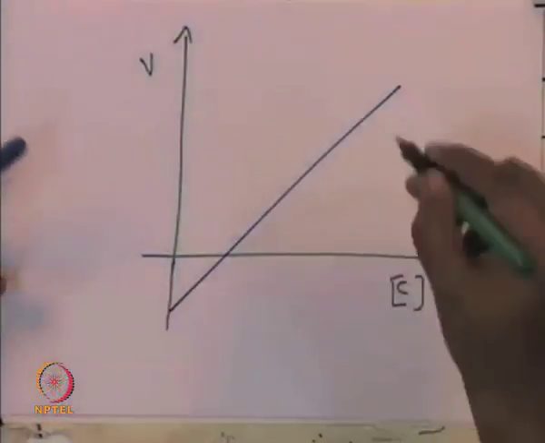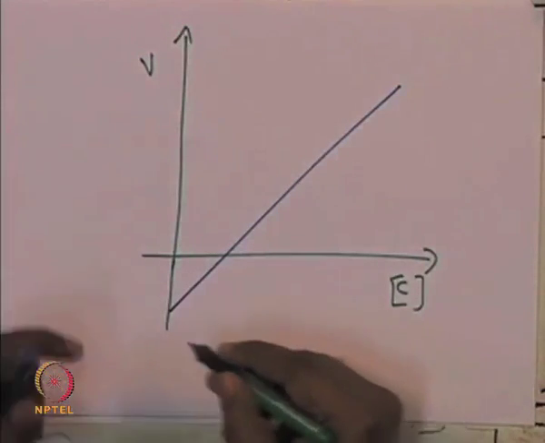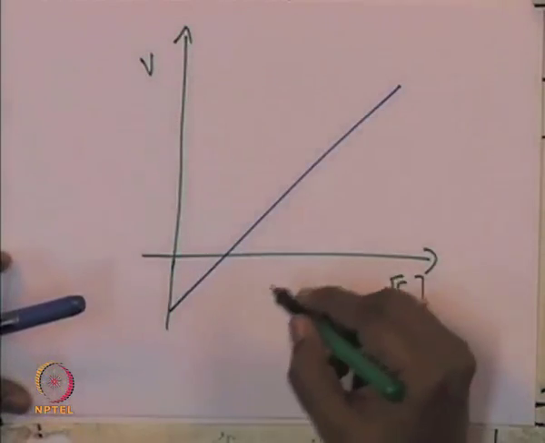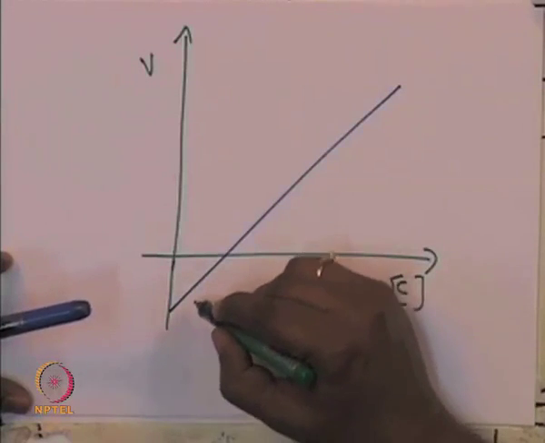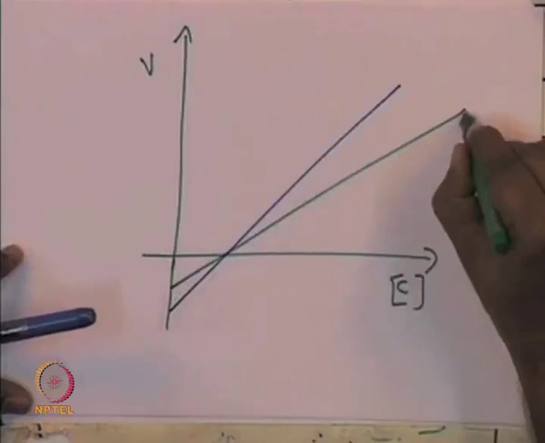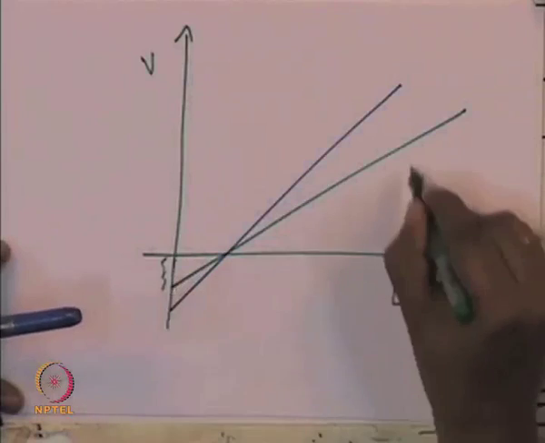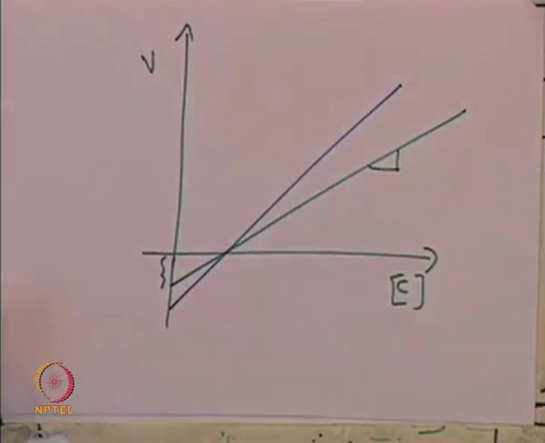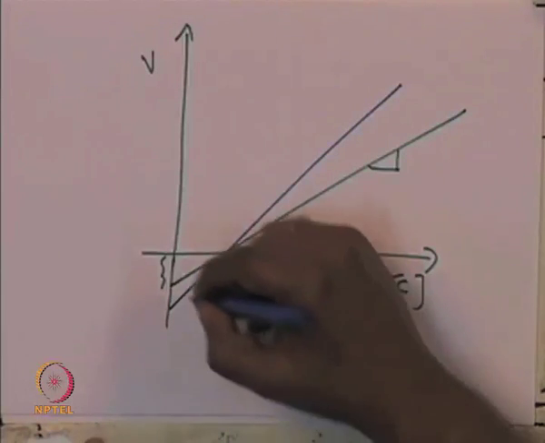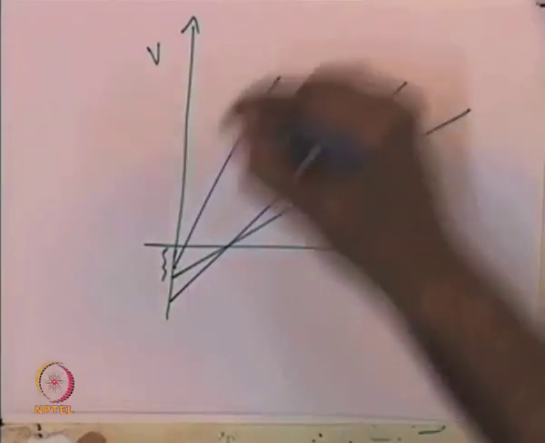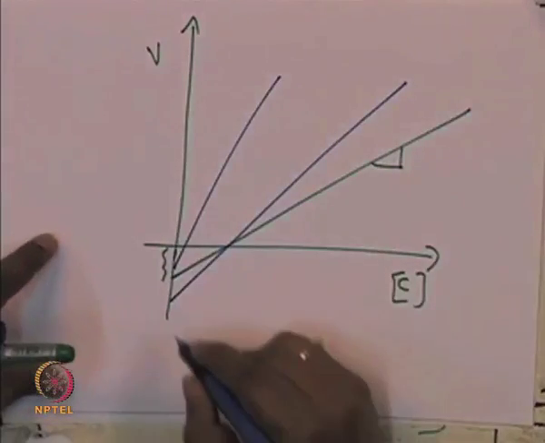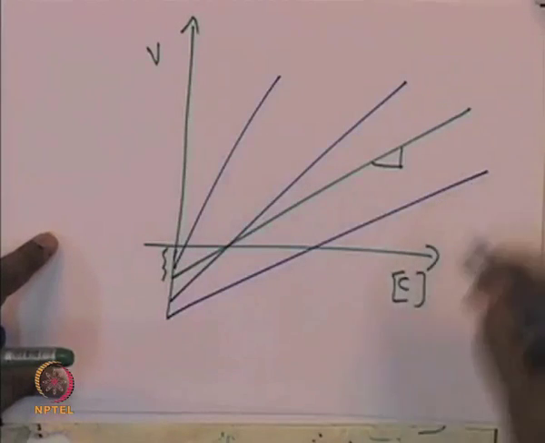So, if you do an experiment for microtubule, you can predict that you will get some other curve, maybe one that looks like this, with a different y-intercept and a different slope. If you do it for some other filament, let us say a paramyosin filament, you might get a curve like this.